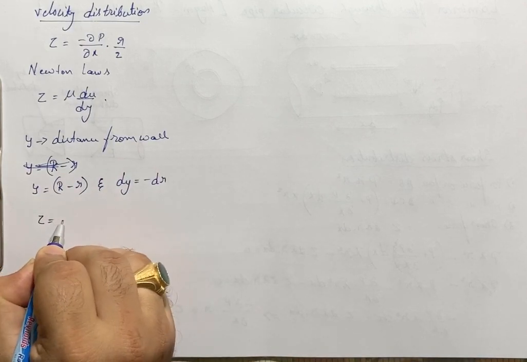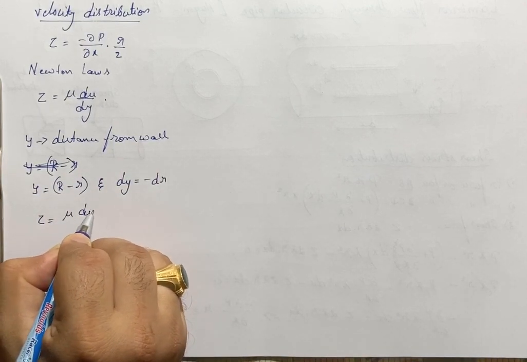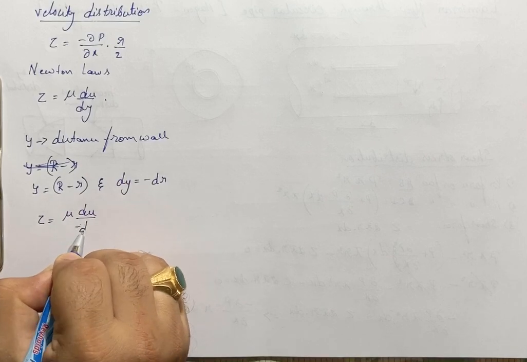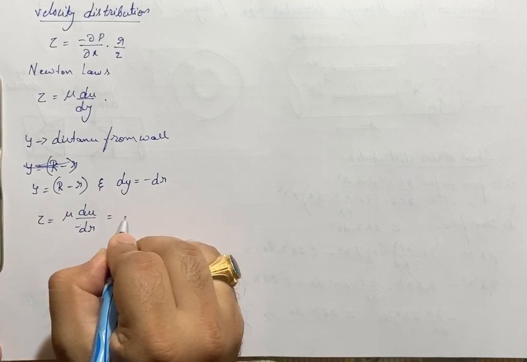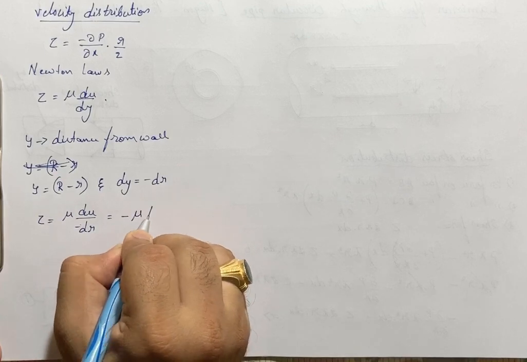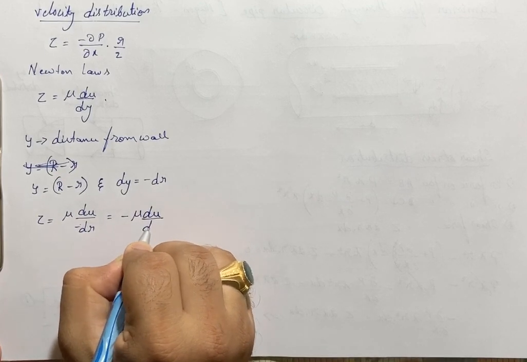Tau is equal to mu into du by minus of dr, or else I can write minus of mu into du by dy.